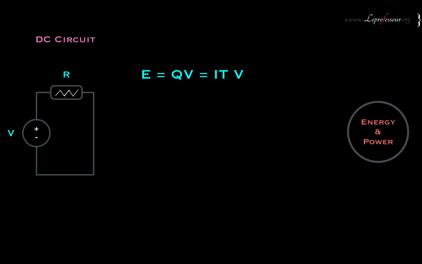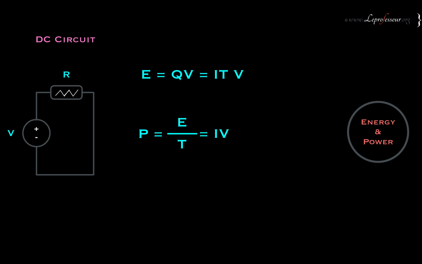Energy is Q times V, or in other words, for a DC circuit, you can substitute Q with the current I times the time interval T, times V. And the power is simply E divided by T, or IV, current times voltage.